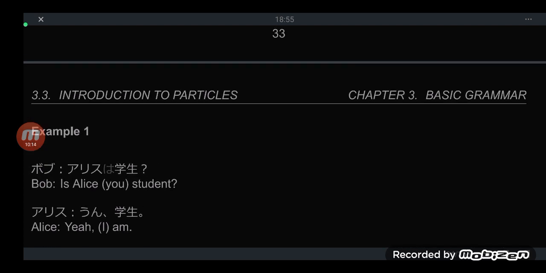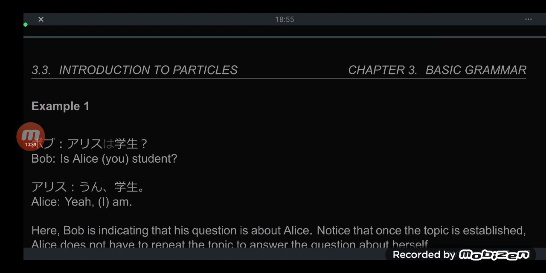Bob says, Aris wa gakusei? Notice that I have raised my intonation on the last syllable, denoting that I'm trying to convey an interrogative sentence. Aris wa gakusei? Is Alice a student?